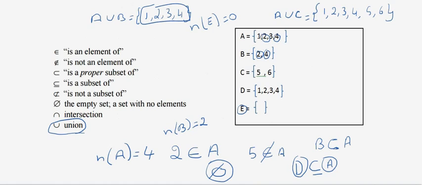Number 2 is common to set A and set B, and number 4 is common to set A and set B. So in this scenario, A intersection B will result in a set which will just have the common elements between these two, which is 2 and 4.